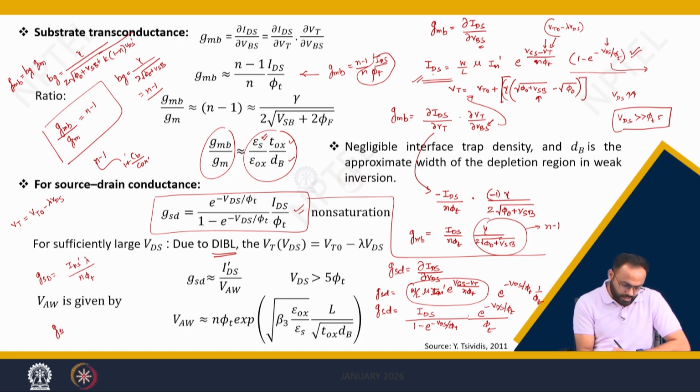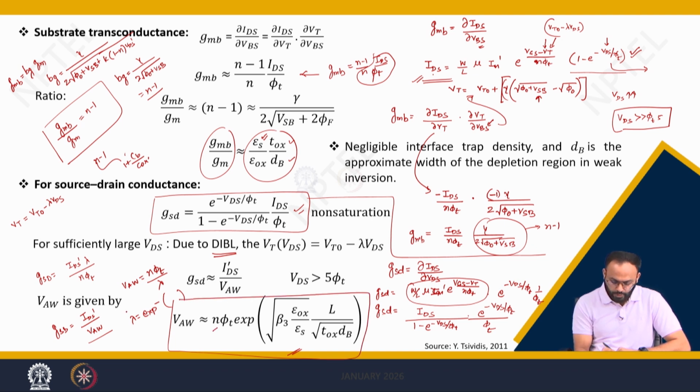So GSD can be written as IDS dash divided by VAW, where VAW is nothing but n into phi t divided by lambda, and lambda is nothing but the exponential of minus of this parameter. Likewise, if you solve all this, you will get VAW is equal to n into phi t into e to the power of positive of this parameter.